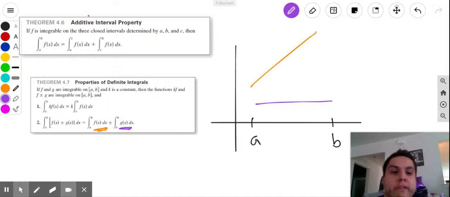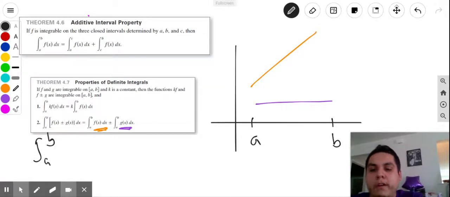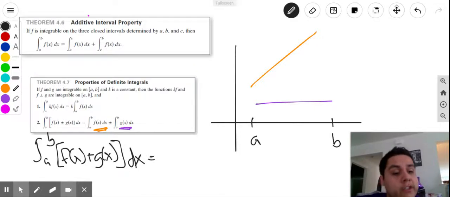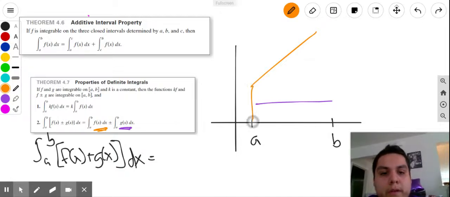If I wanted to find the integral from A to B of the two functions added together, then what I can do is break it up and find the area of each individual function on that same interval and then just add those two numbers together. And let's talk about why that makes sense. That was a terrible line. Better.